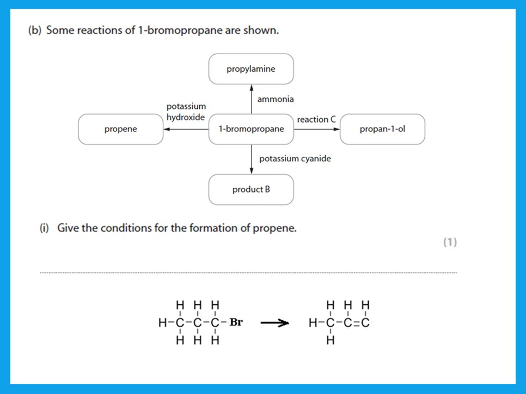We're changing the bromopropane into an alkene. Remember that we said the potassium hydroxide, if it is in water, will just replace the Br with OH. But if I wanted to do this elimination reaction, then it has to be alcoholic potassium hydroxide or in the presence of ethanol.